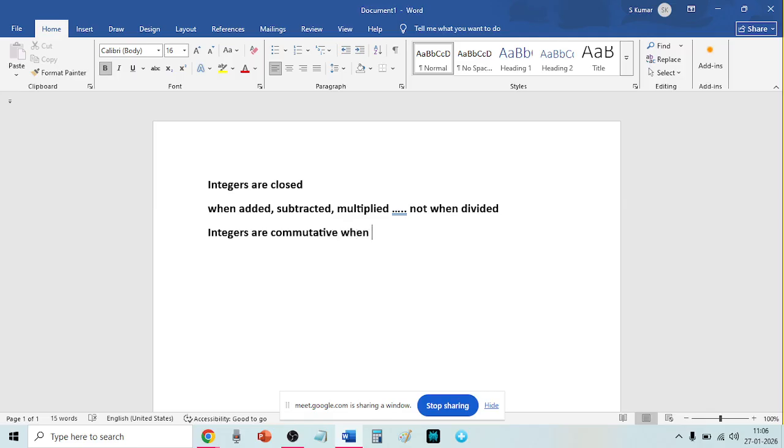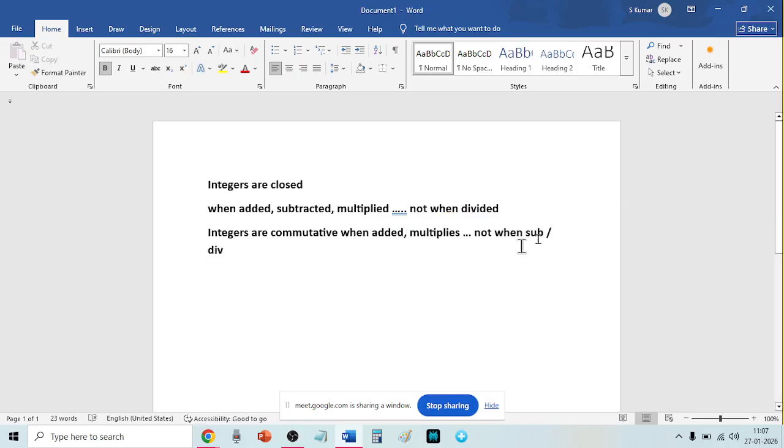Integers are commutative when added and multiplied. Not when subtracted or divided. Put a comma.